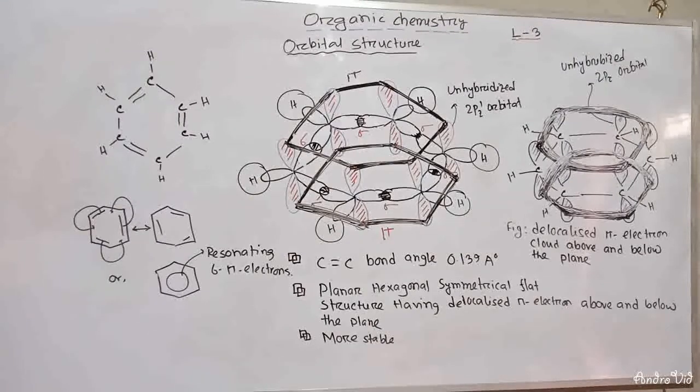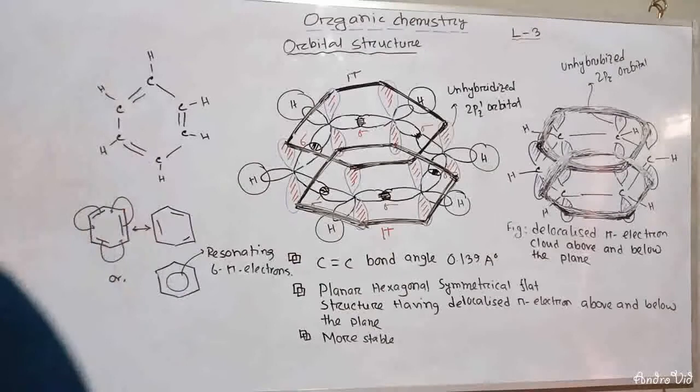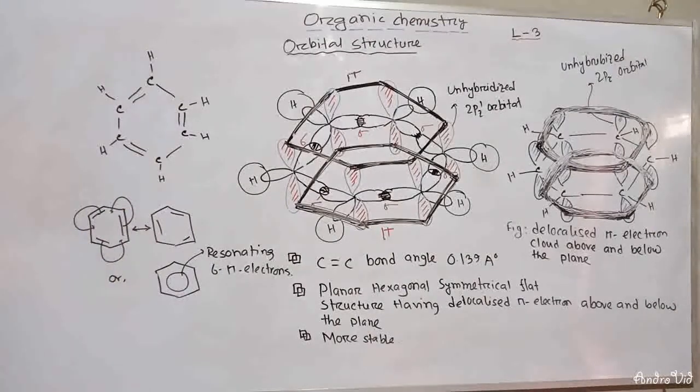Now, due to the delocalization of pi electrons, what happened? Due to the delocalization of pi electrons, the unsaturation of benzene is basically different from the unsaturation of alkene or alkyne of aliphatic compounds. You know, an aliphatic compound, due to unsaturation, can participate in addition reactions, right? But in case of benzene, due to its unsaturation, it cannot only participate in addition reactions, it can also participate in substitution reactions too.